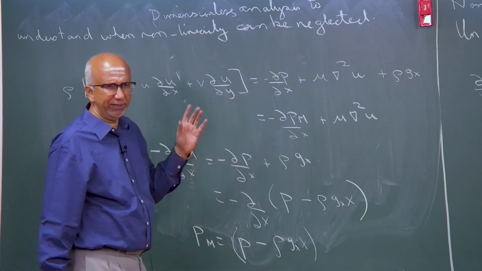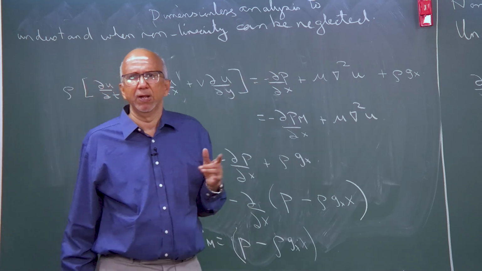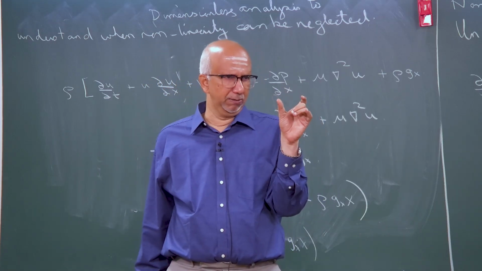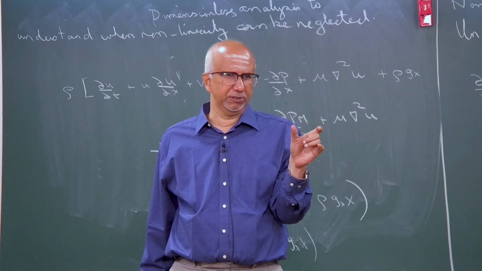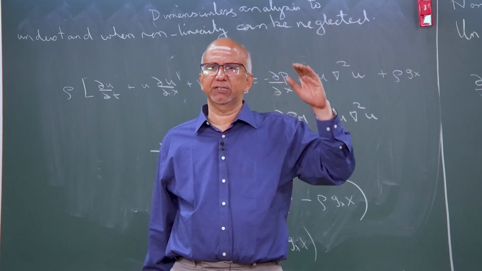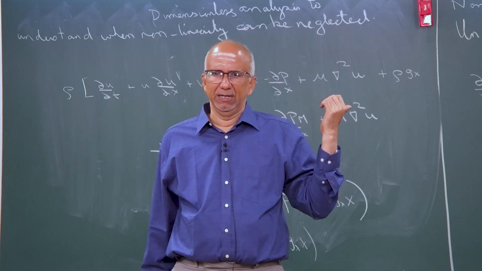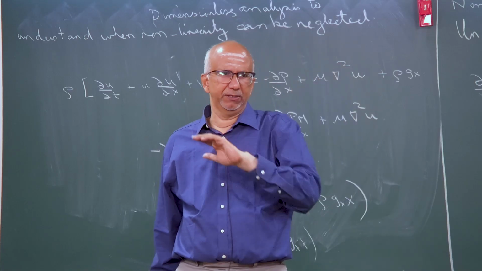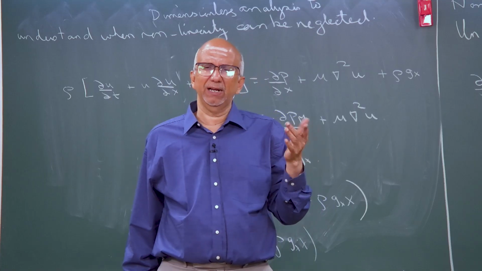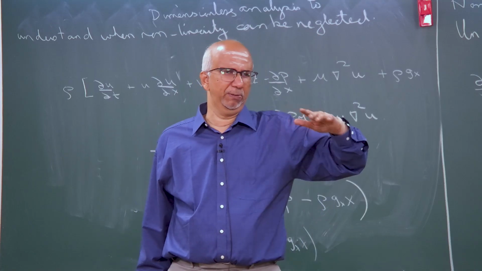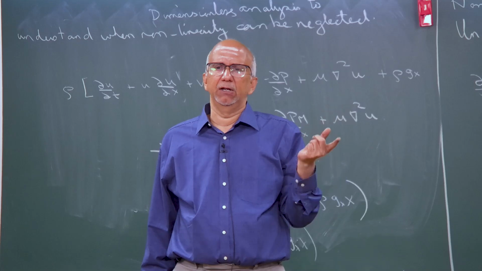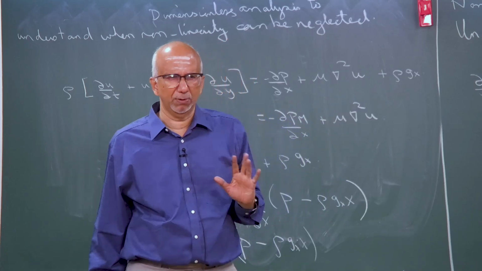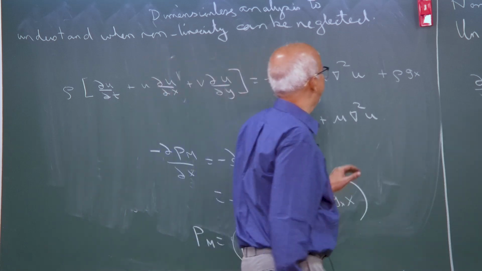In most of our problems I can do this and work in terms of this modified pressure. Only if I have free surface flows, where the surface itself is changing, can this kind of approximation not be done. Civil engineers who are worried about waves care about it, in which case an additional Froude number comes in. For our purpose today, we do not need to worry about it.